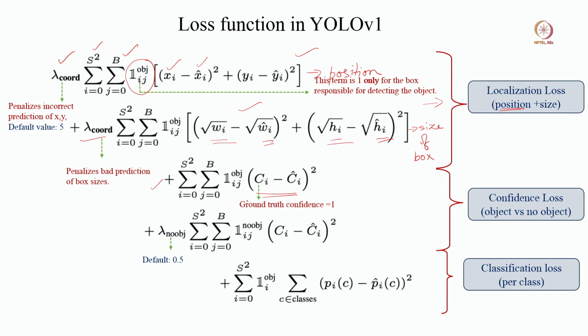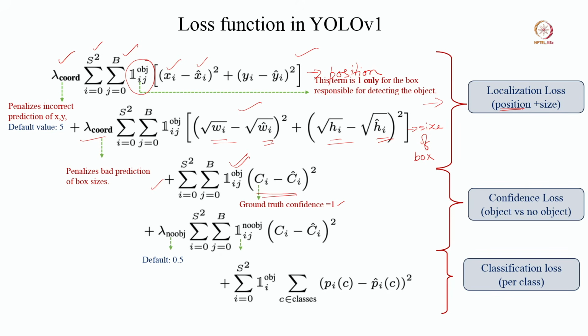For this one, the ground truth confidence is 1, meaning the ground truth says there is an object inside, and this term is 1 only for the boxes where we have an object. This is our predicted confidence, and based on it the loss will be calculated.